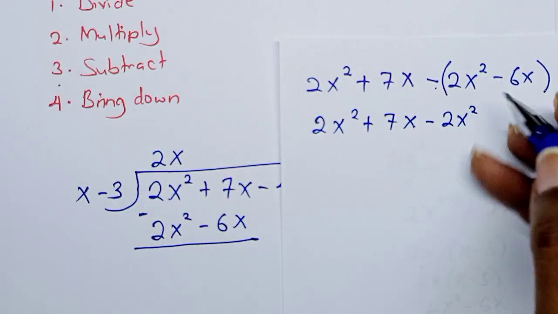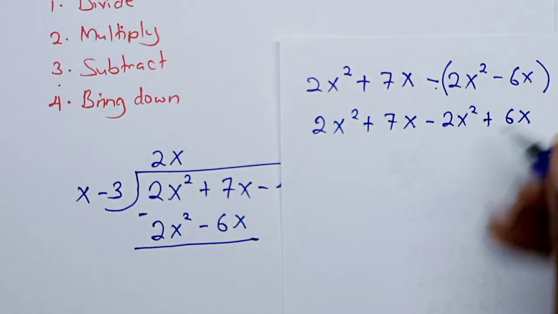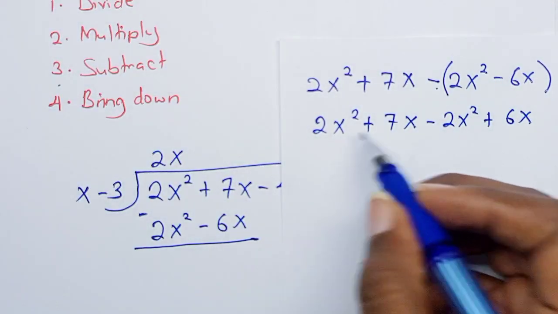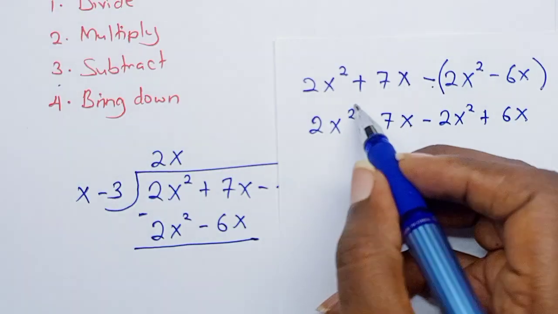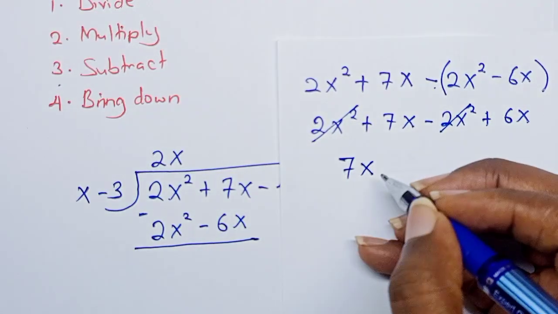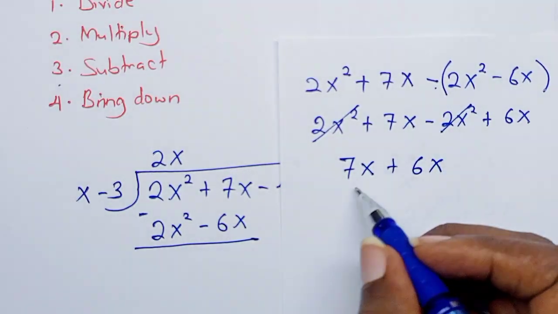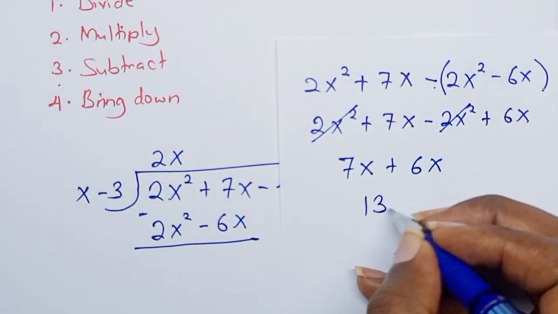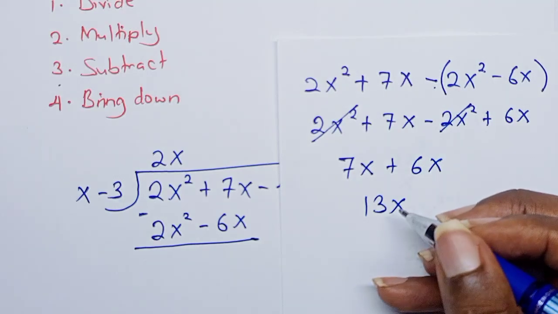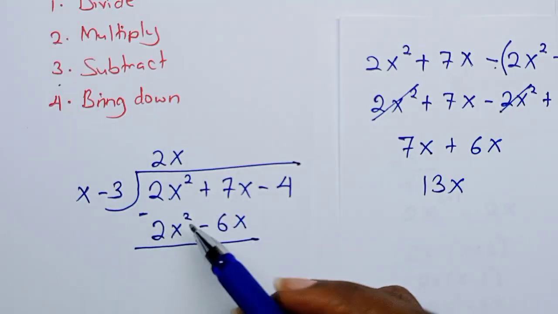Negative times negative becomes positive, so we shall have plus 6x. So here we have 2x squared and minus 2x squared. So these cancel. So you're left with 7x plus 6x. 7 plus 6 is 13. So 13x.